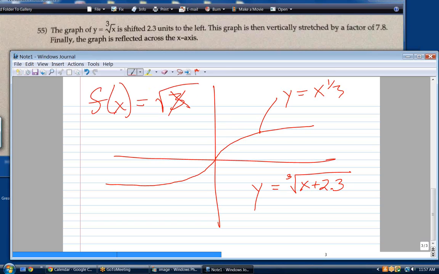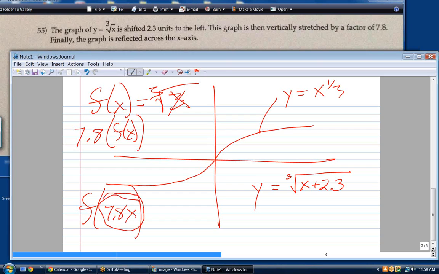So if I want a vertical stretch of 7.8, I have to do 7.8 times f of x. I don't do f of 7.8 times x. This would be horizontal stretching and shifting. This is outside the function. That's vertical stretching, shifting, or shrinking. So to do a vertical stretch, I've got to put my 7.8 outside the radical sign.